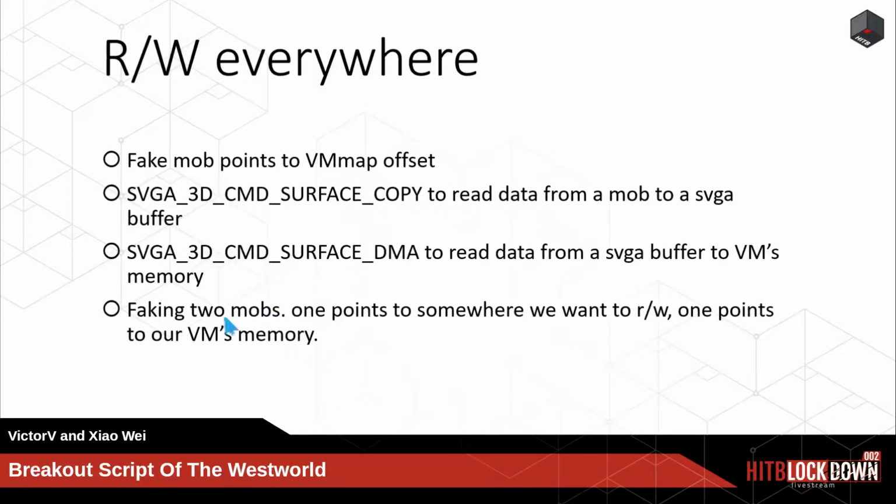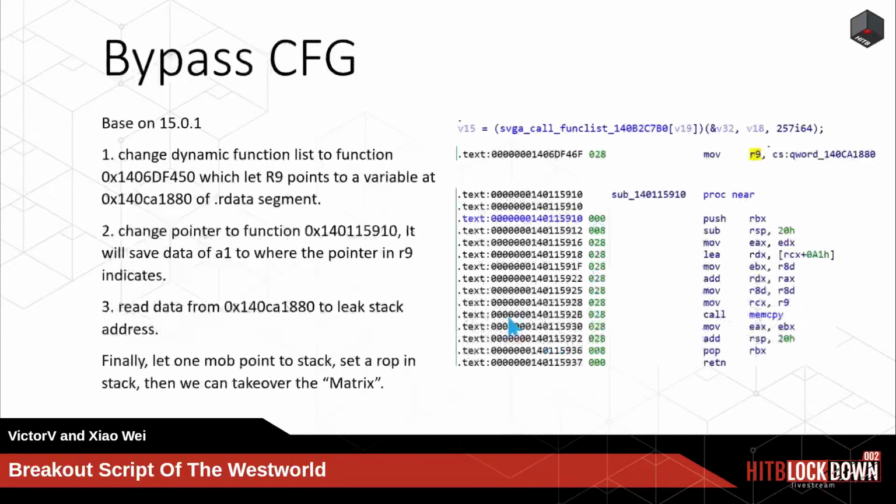So we can fake two mobs. One points to somewhere we want to read and write. One points to our guest's memory. After this, we can read and write everywhere now. As mentioned before, we use this skill to bypass CFG.